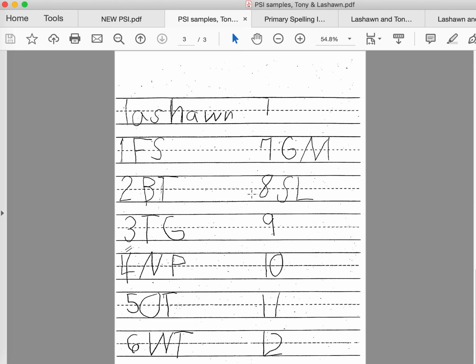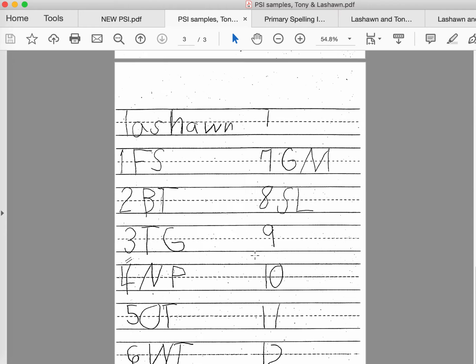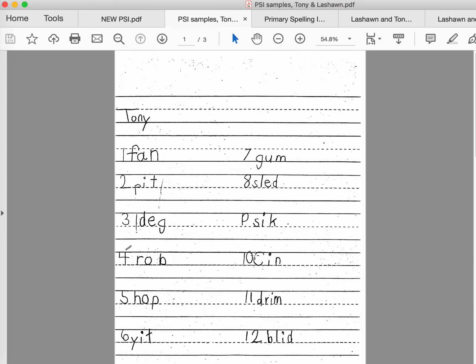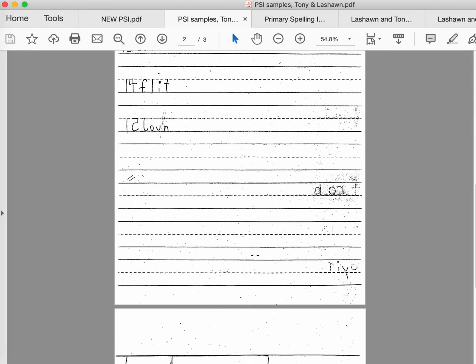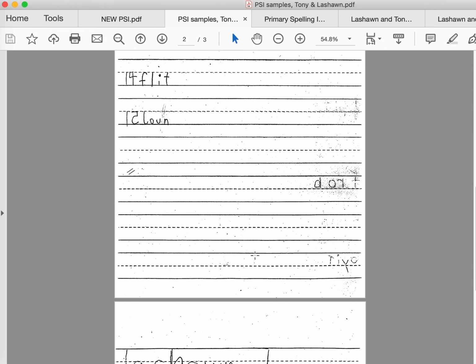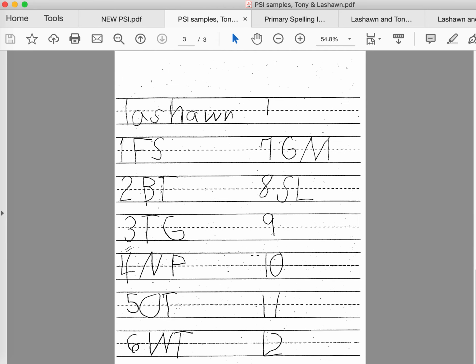LaShawn has attempted 8 words, and Tony, let's move to Tony, has attempted 15. Both students did not finish all the words in the inventory. This is something you will need to pay attention to as you administer and score any spelling inventory.